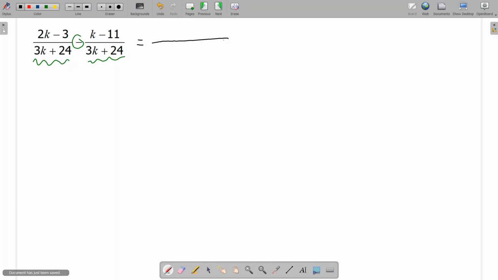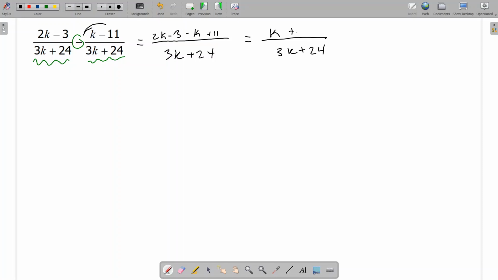The only things that are subtracting are the numerators. So 2k minus 3, and then we distribute that negative: minus k and then plus 11. Let's combine like terms in the numerator. So we would get k plus 8.